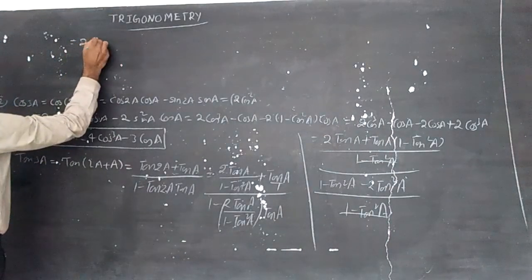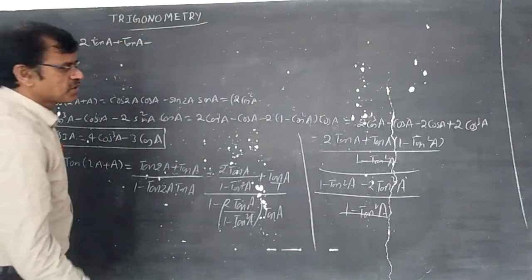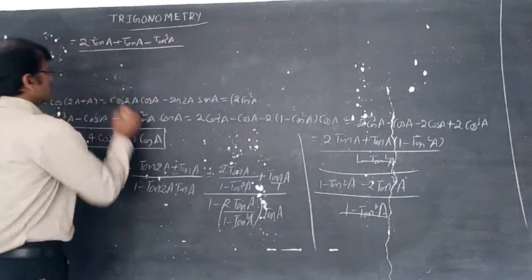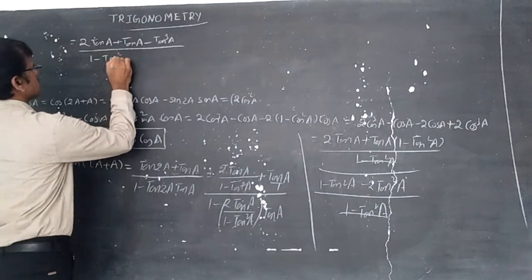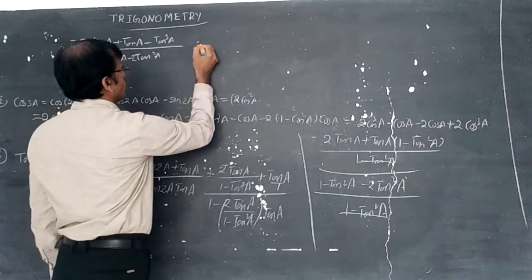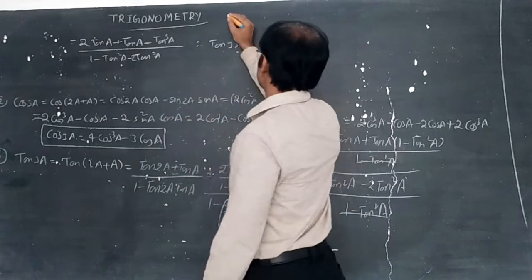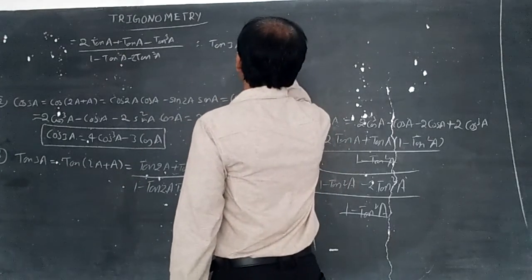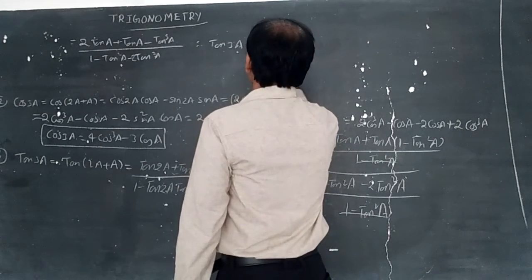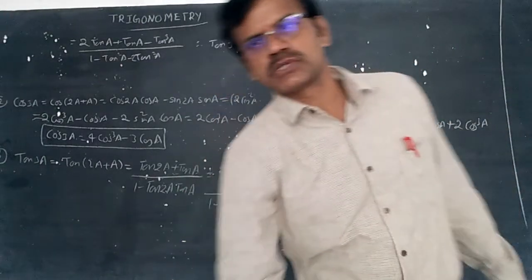Multiply: 2 tan A plus tan A minus tan cube A, whole by 1 minus tan square A minus 2 tan square A. Therefore, write the formula: tan 3A is equal to 3 tan A minus tan cube A by 1 minus 3 tan square A.